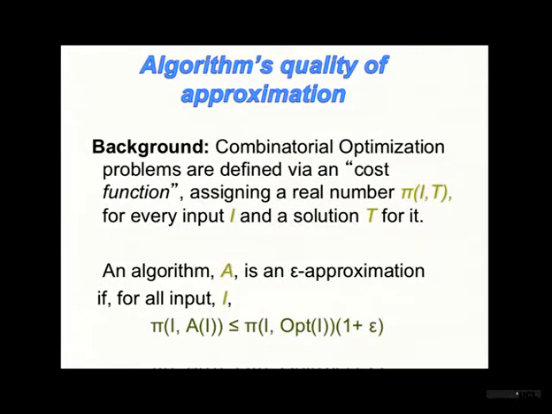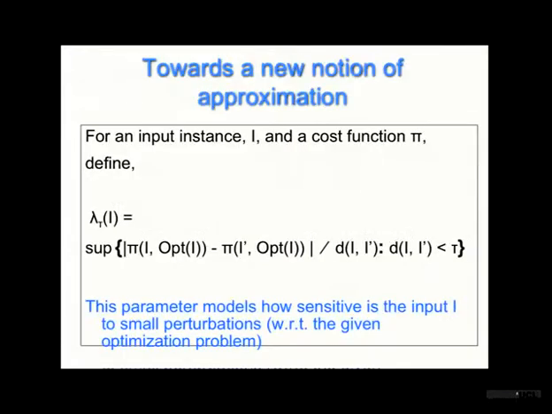Okay, so that's it. And now we want to have a version of this that will be robust to small perturbations. So I define this notion of lambda tau of I. So I have an instance I, and I define lambda tau of I. Look at what I'm doing here.